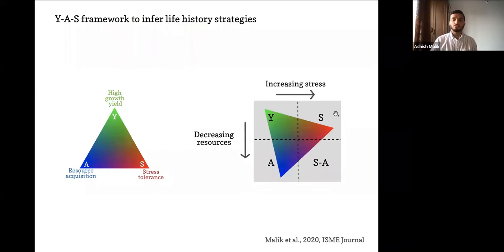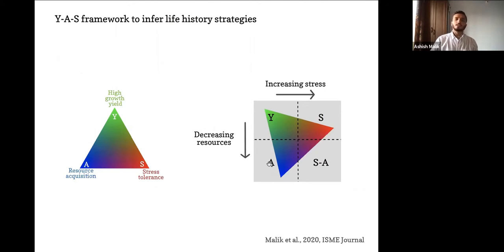In places where stress is high, but resources are ample, stress tolerance or stress avoidance life history strategy will prevail.